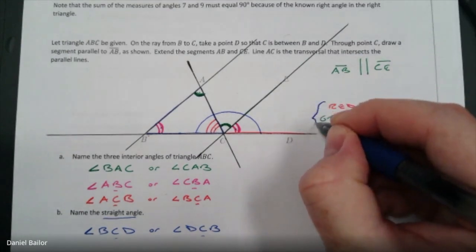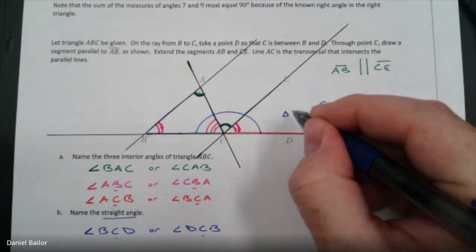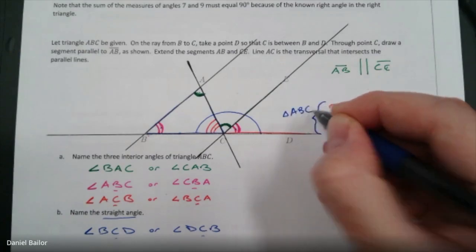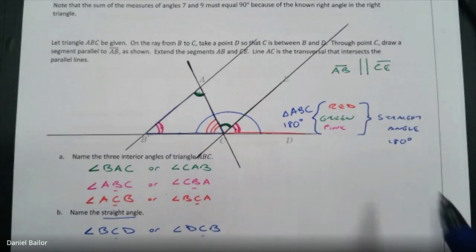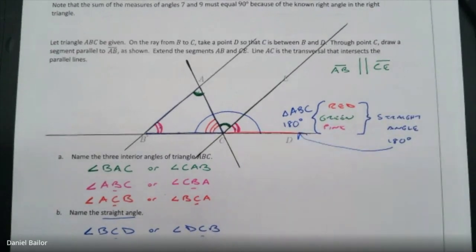Red, green, and pink are also in triangle ABC, which we know has to be 180 degrees because red, green, and pink make 180 degrees. So this activity right here was supposed to prove to you that a triangle has 180 degrees. I told you a triangle has 180 in the notes.